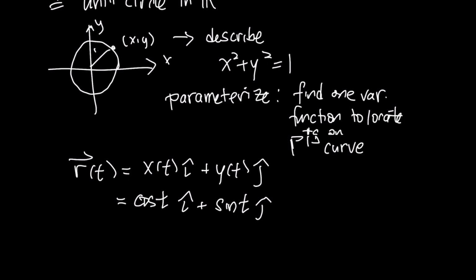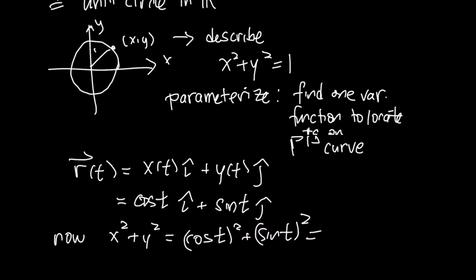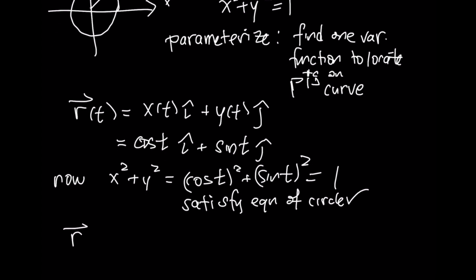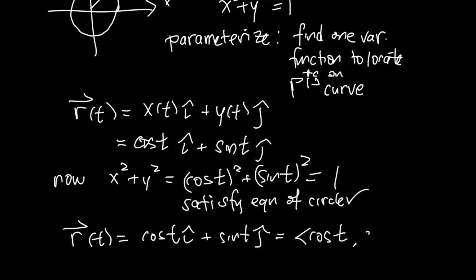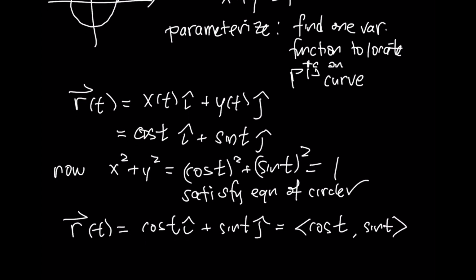They're called circular functions. If you take a look at x squared plus y squared, you'll get cosine of t squared plus sine of t squared, and you know this has to be 1. So these points satisfy the equation of the circle. And that means if I were to take this vector function, cosine of t i plus sine of t j, which we could write in this vector form, this is a parameterization of the unit circle.